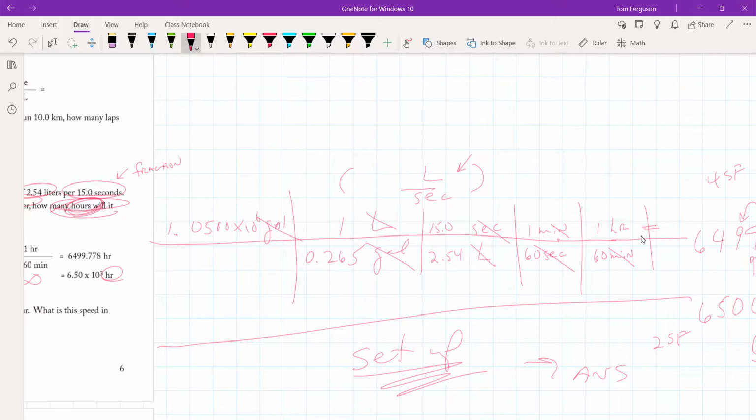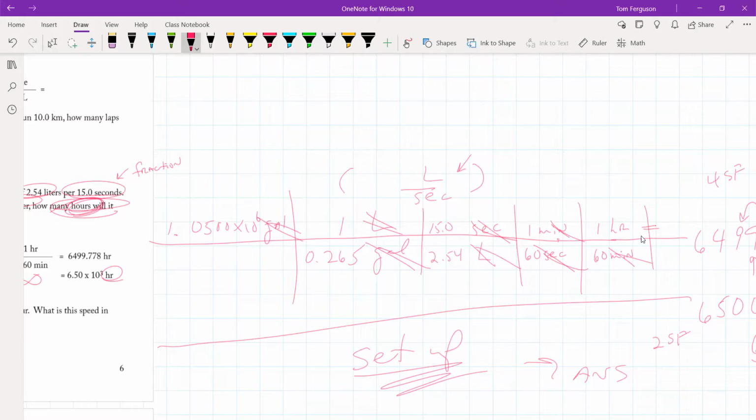And notice I made great effort here to show how these units are canceling. Because unless those units cancel, your setup is not going to be right. Okay, so to answer your question, the way I work this problem is everything on the top, you hit the multiply key, everything on the bottom, you hit the divide key.